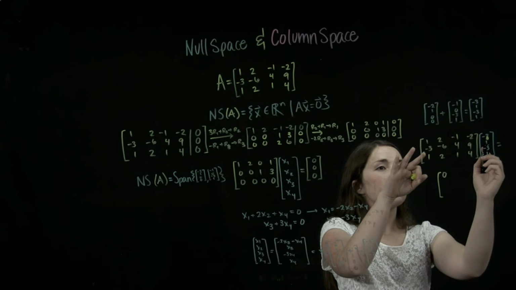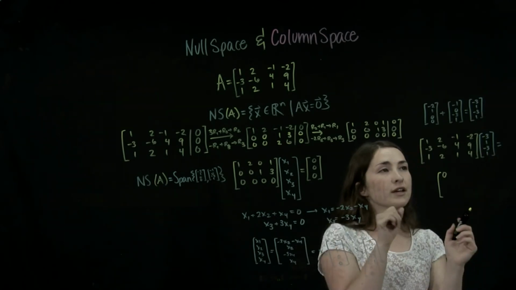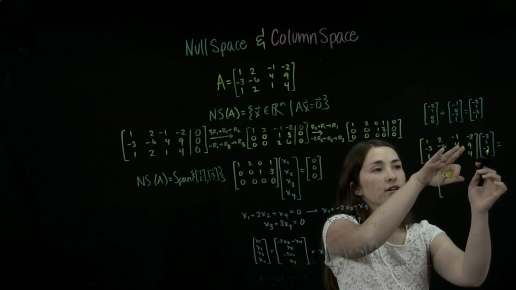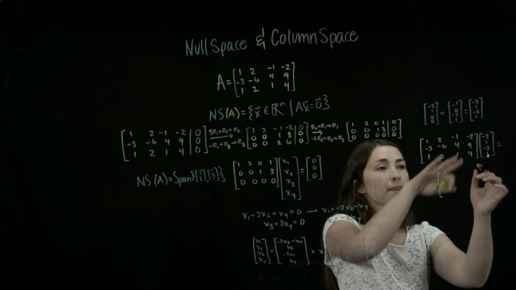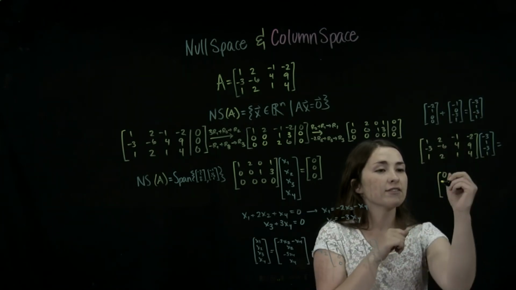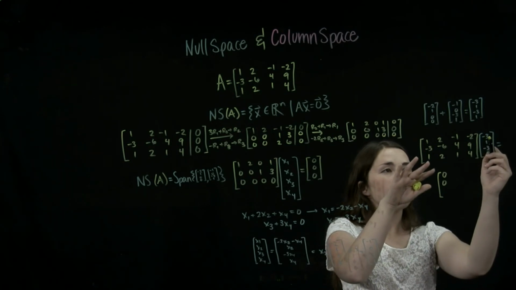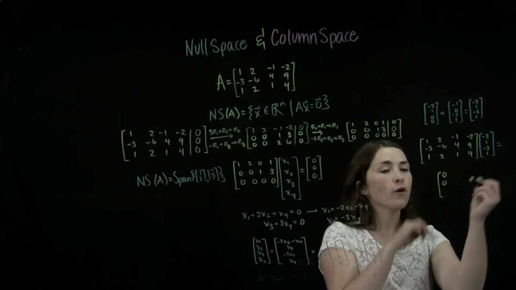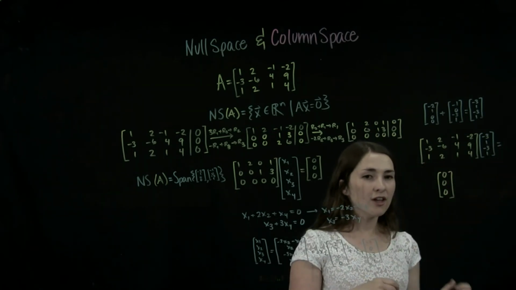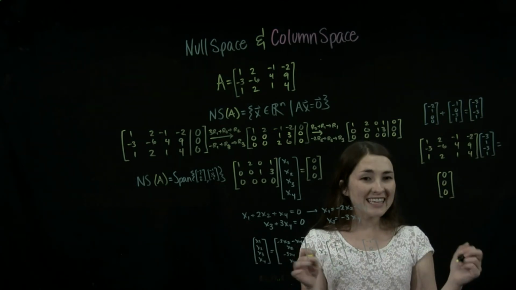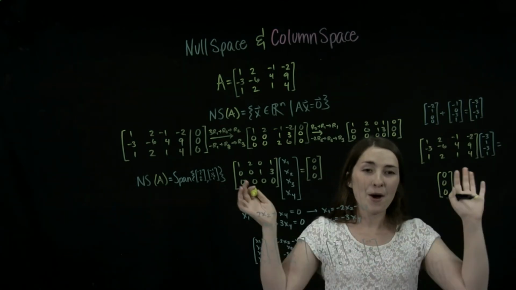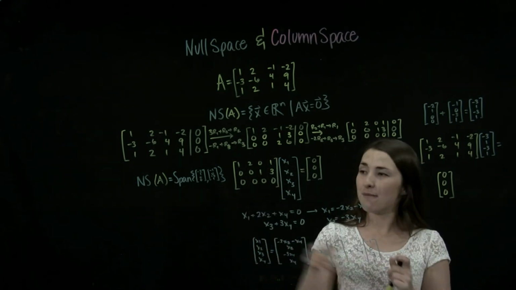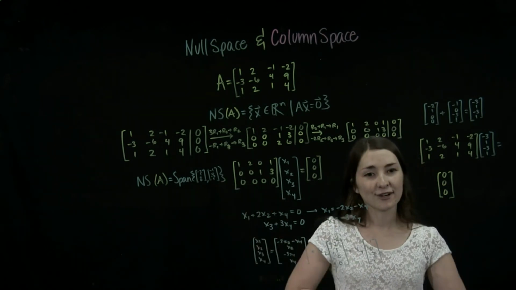And then we're going to have 9, so negative 3 times negative 3, plus negative 6, minus 12, so that's going to give us a negative 9, plus 9 is going to give us a 0. And we're going to have negative 3 plus 2 minus 3 plus 4 is also going to give us a 0. So look, this linear combination is going to give us the 0 vector back out. Whoa, wild! So our null space is defined as all of the linear combinations of these two vectors that are going to give us a 0 vector out.